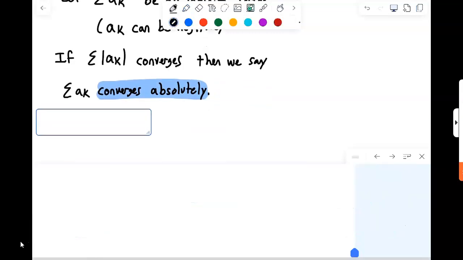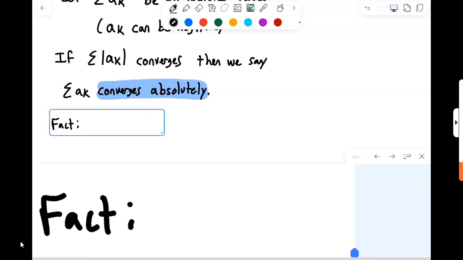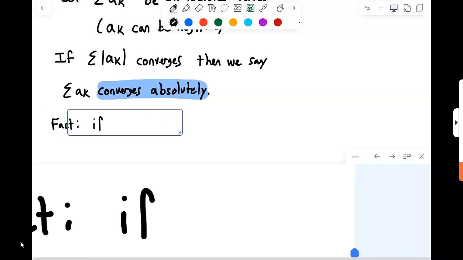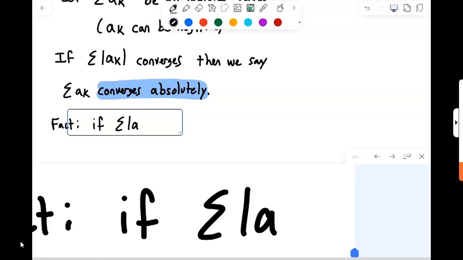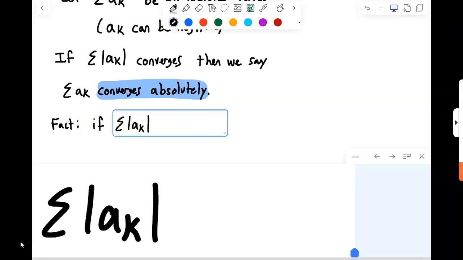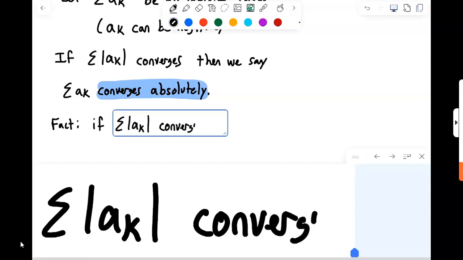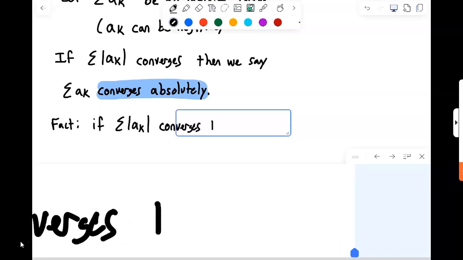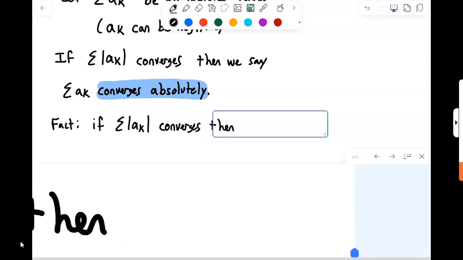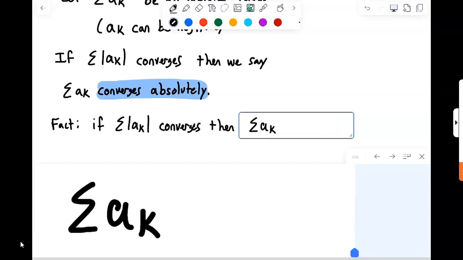Okay. And now there's a quick little fact here that we can bring into play, and that is if the series of the absolute value of a_k converges, then we know that the original series will also converge.